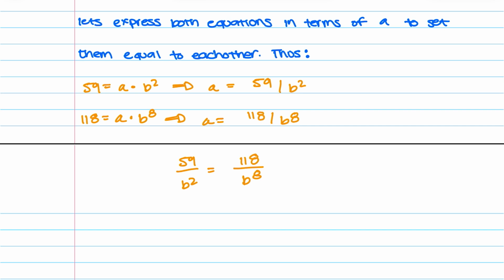Notice that in this expression, all we have is one unknown variable to solve for, and so it becomes a much simpler equation to solve in terms of b. By multiplying both sides of this equation by b to the 8th, we end up with b to the 8th times 59 over b squared is equal to 118 divided by b to the 8th times b to the 8th.